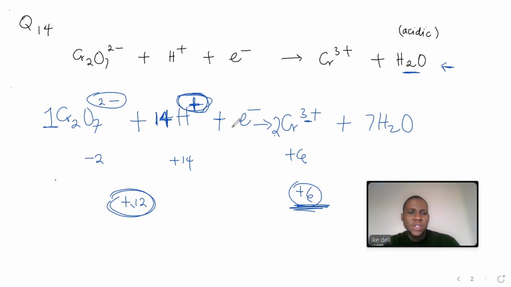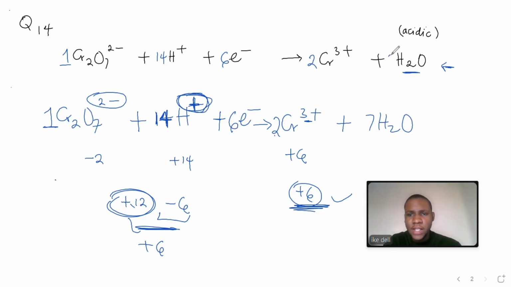So I'm going to need to add 6 moles of electrons here so that I'll be able to bring this down to a plus 6 like this side. See that? That's why I have 6 moles of electrons. Now I'm actually done. So that's our final answer. If I come back to the question, I have 1, 14, 6, 2, and finally 7. That's it.